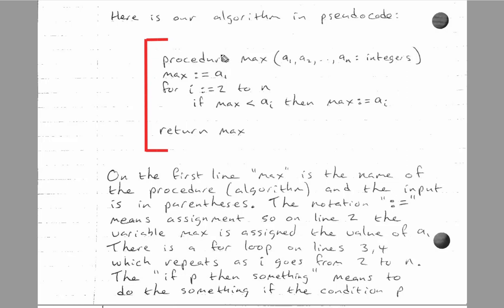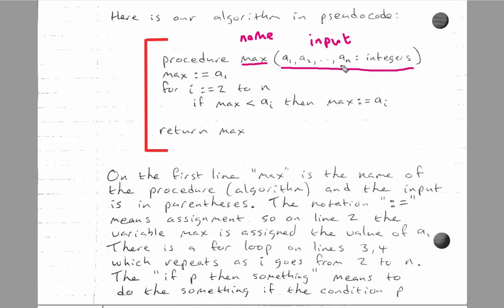All right, so we have a procedure, so we always start like this, procedure. Here's the name of the procedure, and we'll call it max. And the next thing in parentheses is the input that max is expecting. So the input is a list of integers.